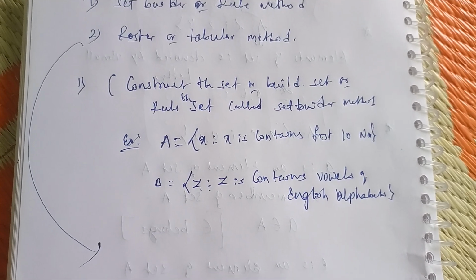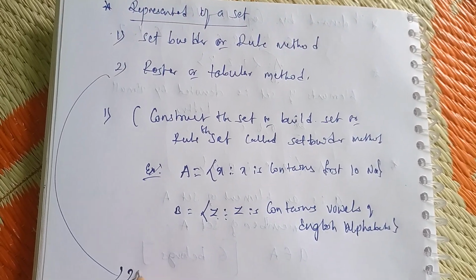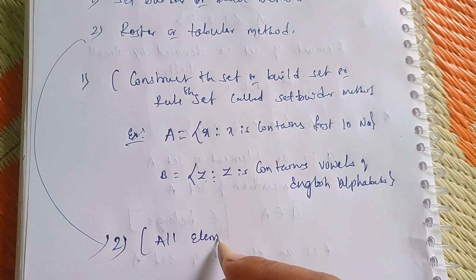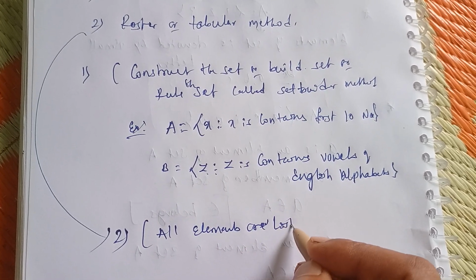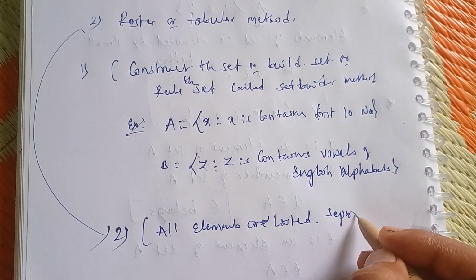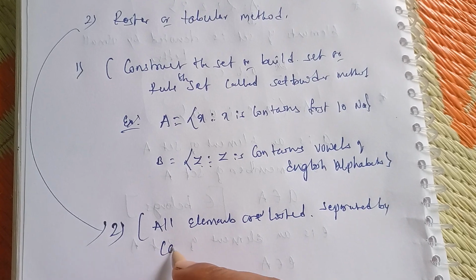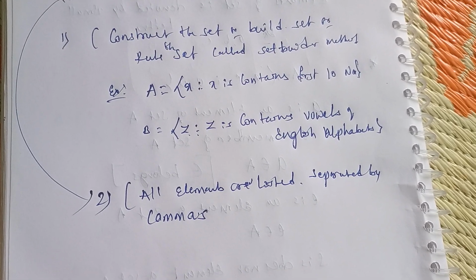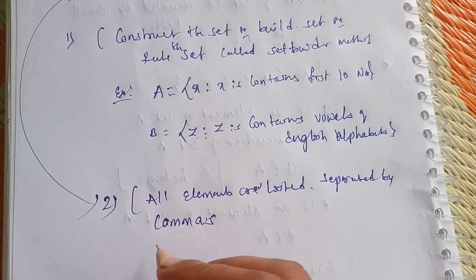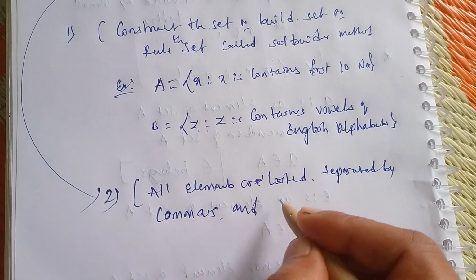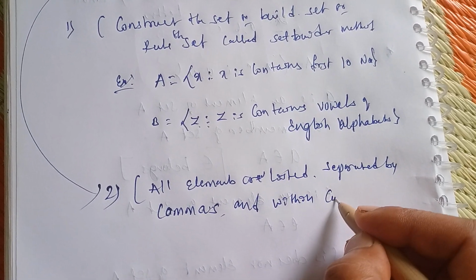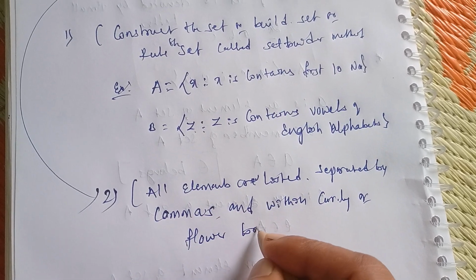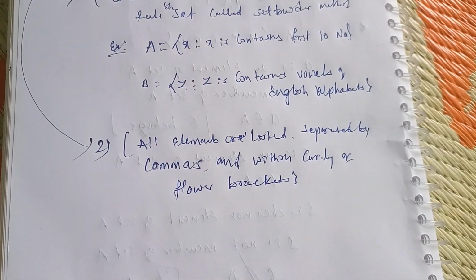Roster or tabular method means all elements are listed, separated by commas, and within curly brackets or flower brackets.